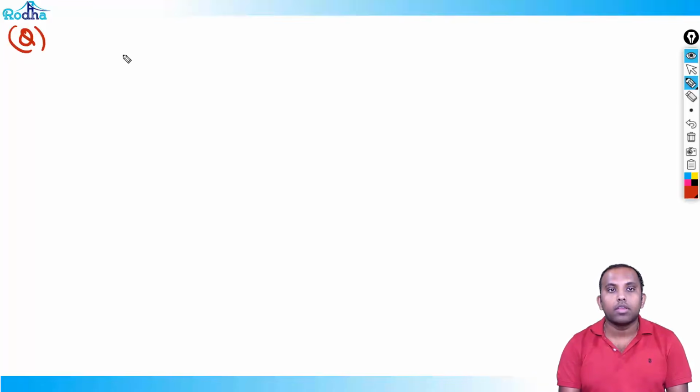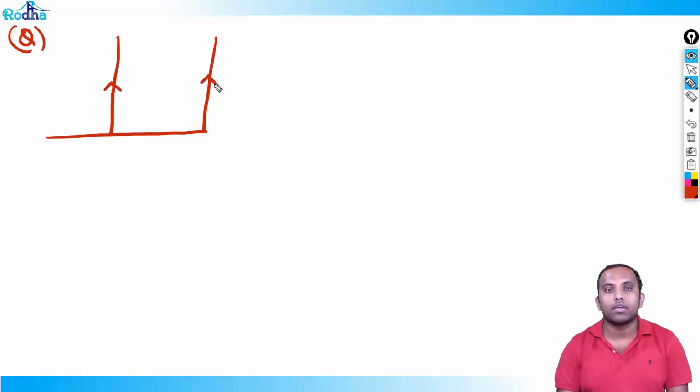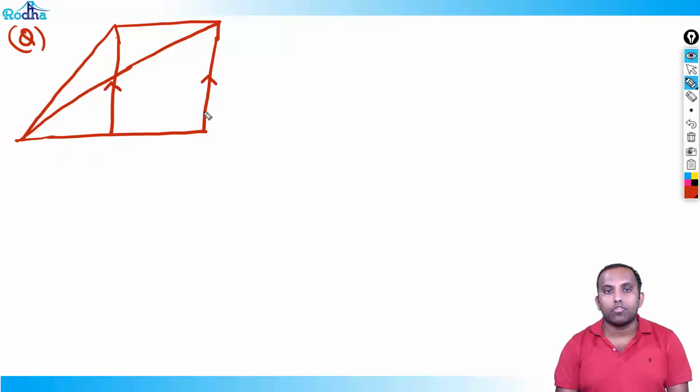See, these two lines are parallel. Very carefully making the diagram here. 6.